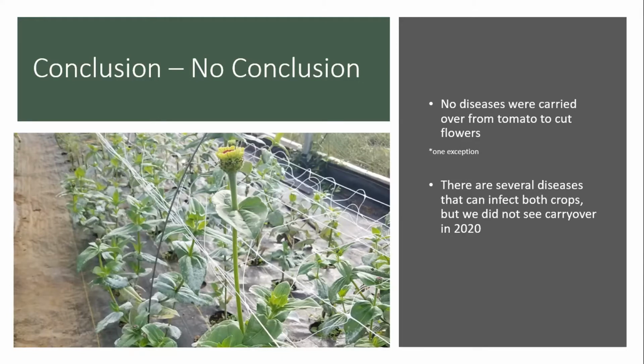We were looking for something really low input that would give our growers an economic boost when a tunnel would ordinarily be fallow. So I'll talk about that one exception in a second. I'm not going to hold your suspense here, but I will say that there are several diseases that can affect both crops, but we really didn't see that carryover. So I'll go through some details as we go.